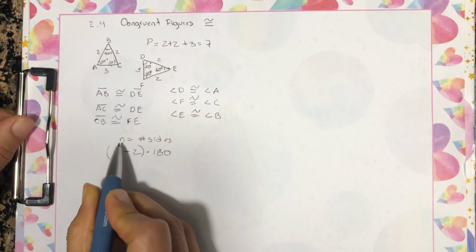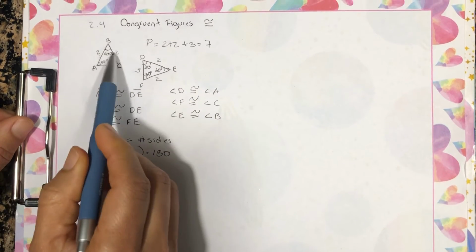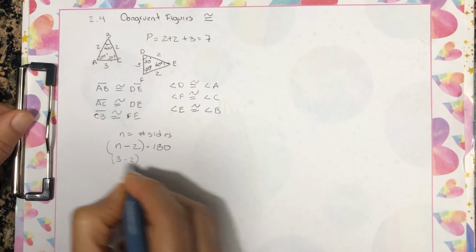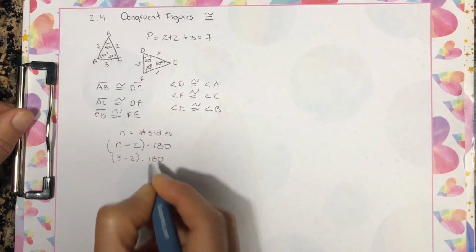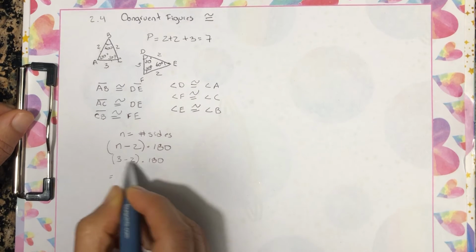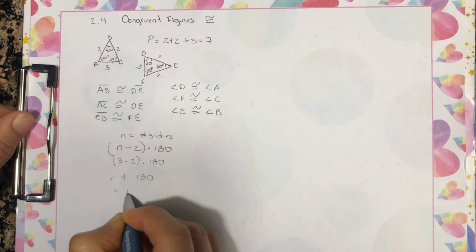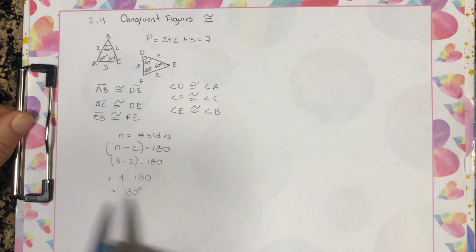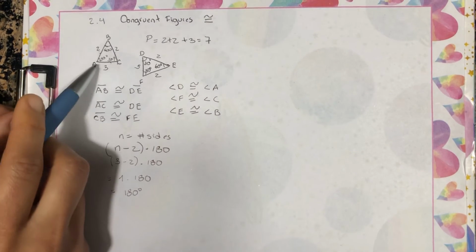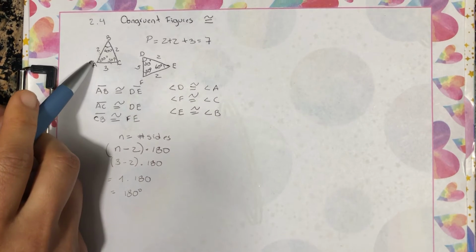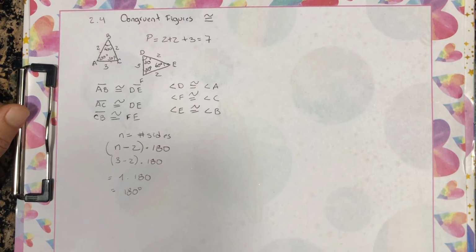In a triangle, n has how many sides? 1, 2, and 3. So it will be 3 minus 2 times 180. If I do this, 3 minus 2 is 1 times 180 equals 180 degrees. So if I were not given the angles, I know that all the internal angles measure 180 degrees.